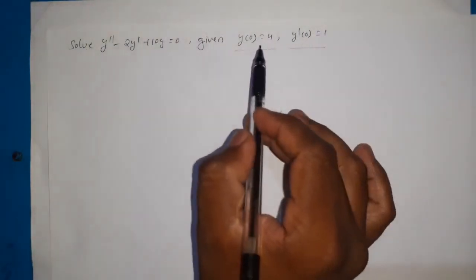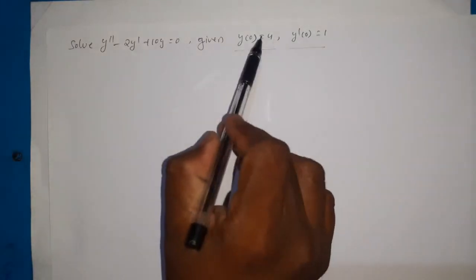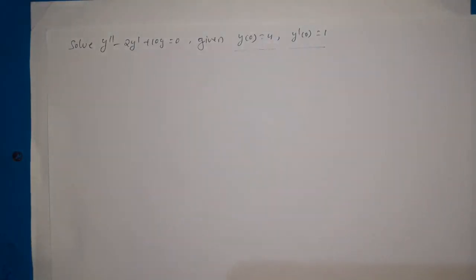By using these two conditions we can find the values of arbitrary constants, like c1, c2, c3, c4. So by using these two conditions we can find the particular solution for the given differential equation.